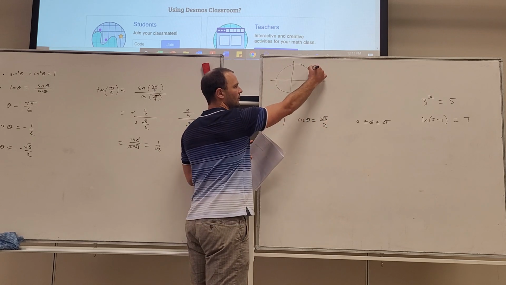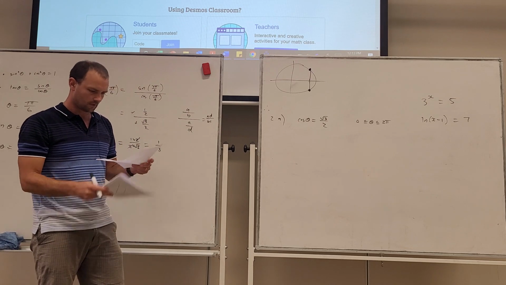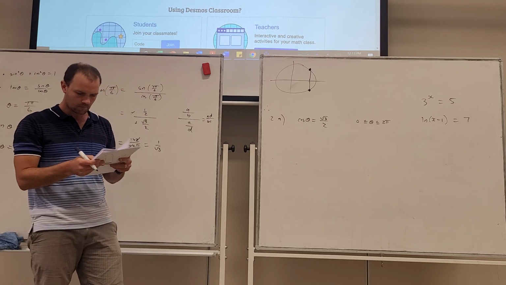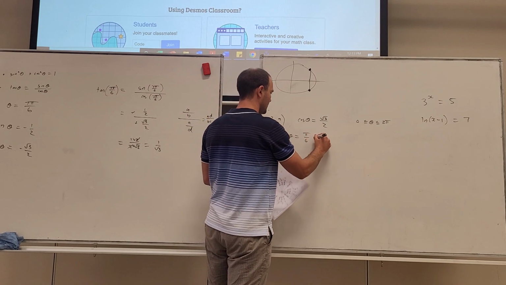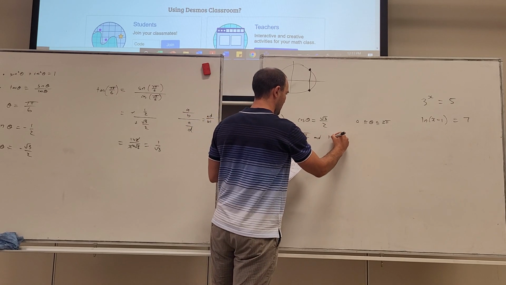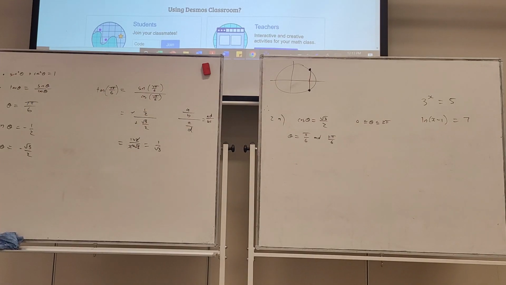X is positive, so we're looking here and here roughly. You can see it corresponds with pi on 6 and 11 pi on 6. They are the two solutions. In both of those points on the unit circle, the x value is root 3 on 2.